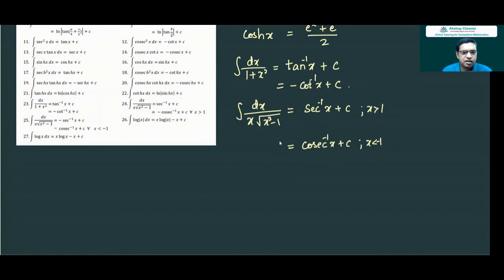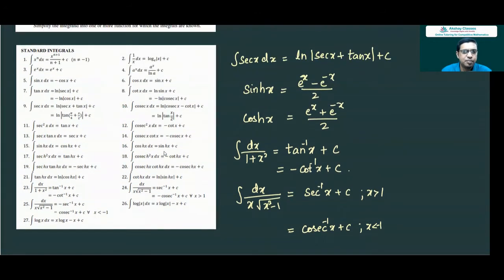And finally, integral of log x is x log x minus x plus c. This, of course, we will find by another method, that is integration by parts. Still, it is better to remember integral of log x is x log x minus x plus c. So these 27 are a must to remember.